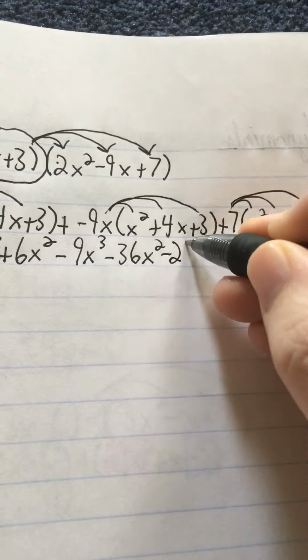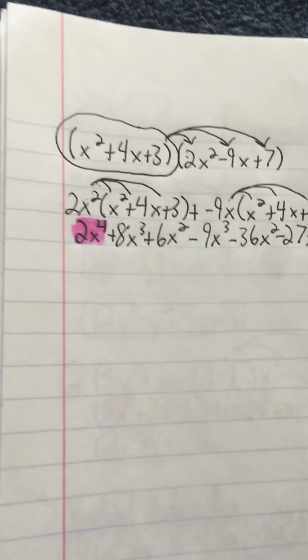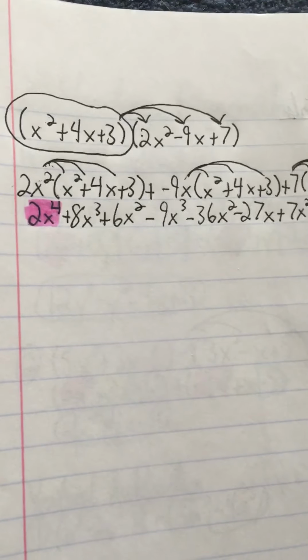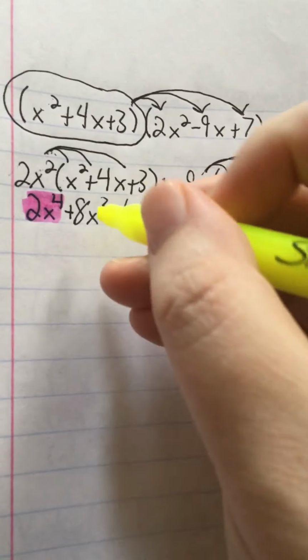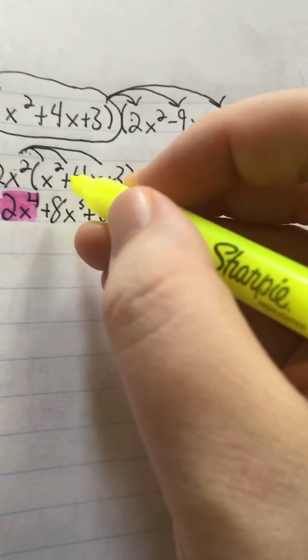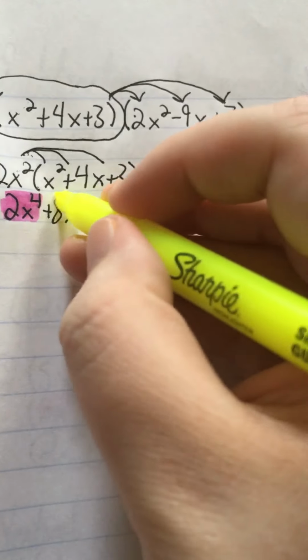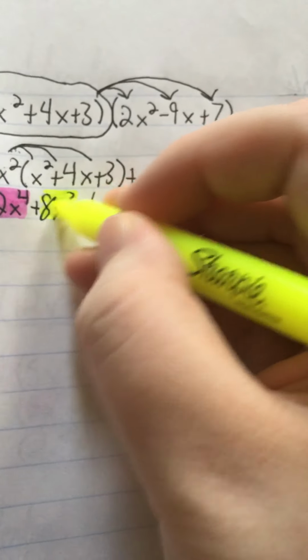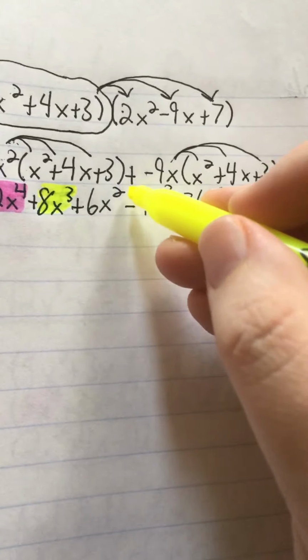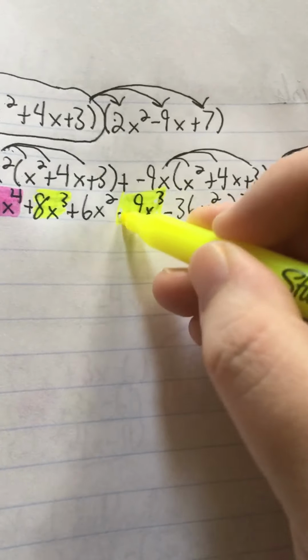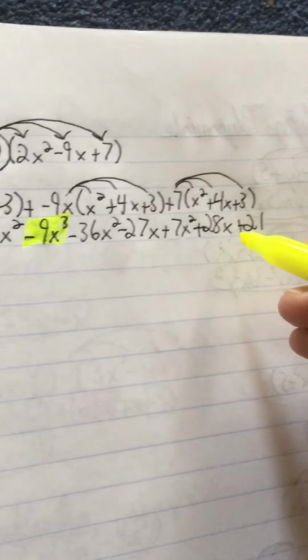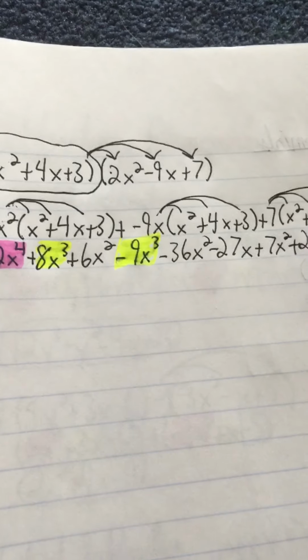So we have our first term of 2x to the 4th. We don't have another term like that, so that'll be our only pink term. And then we have our x cubes. So we have our 8x cubed. We also have a negative 9x cubed. And that is our only cubed numbers.